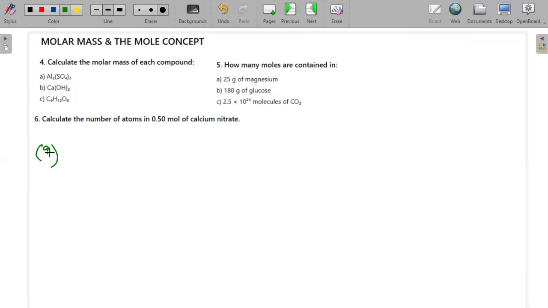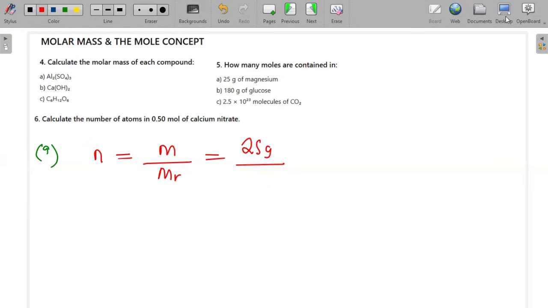We know the formula for finding moles. Moles, indicated by n, is equal to the mass that you've been given over the molar mass. The mass given is 25 grams, divided by the molar mass of magnesium. So what is the molar mass of magnesium?